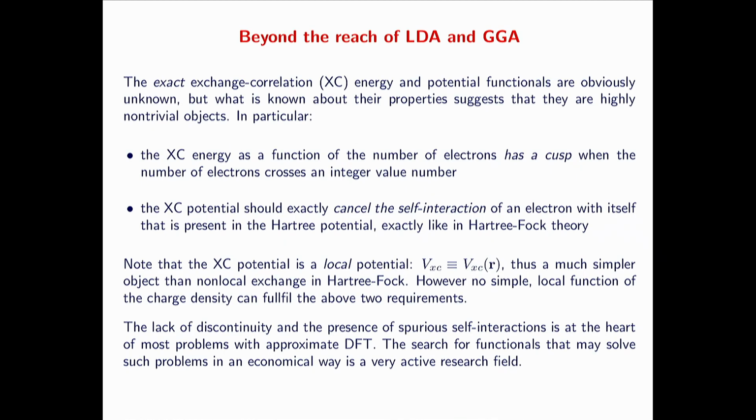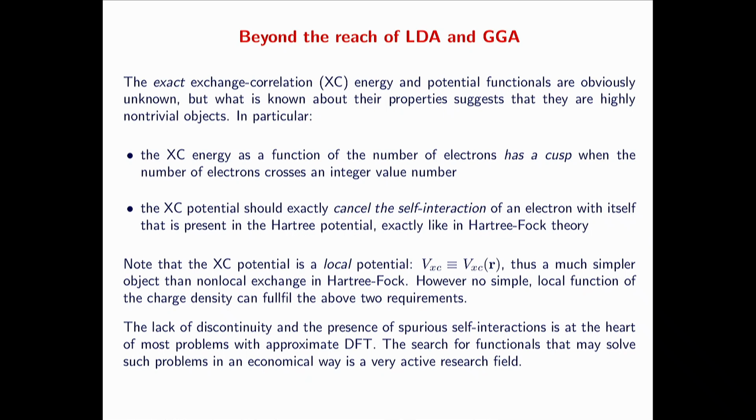Okay, what are these problems? These problems of LDA and GGA are invariably related to two characteristics of the true exchange correlation functional, which we still don't know, but we know a few things about it. In particular, we know two things that have to be true necessarily.